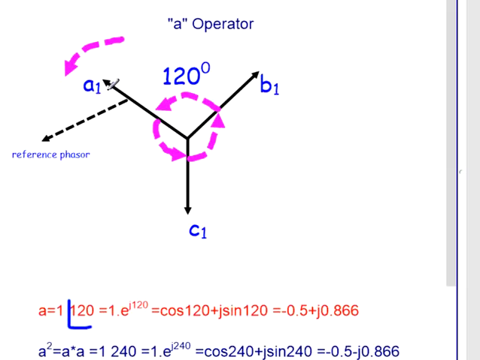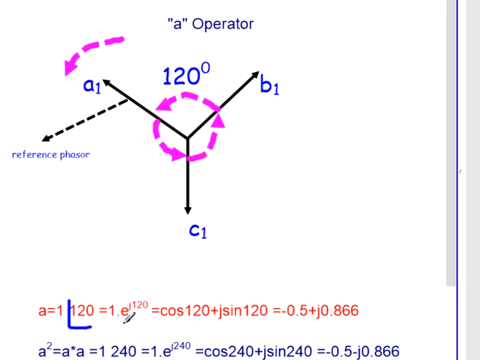Because my symmetrical components rotate through 360 degrees, when my A1 rotates to C1, my A1 is multiplied with A. That means if a phasor rotates 120 degrees from its original position, it will be multiplied by A. So what is A? Magnitude 1 at an angle of 120 degrees.